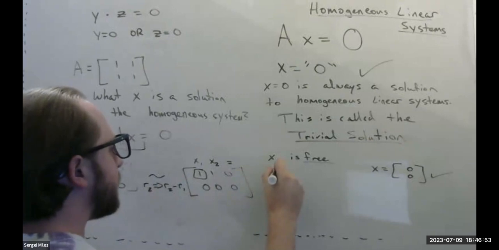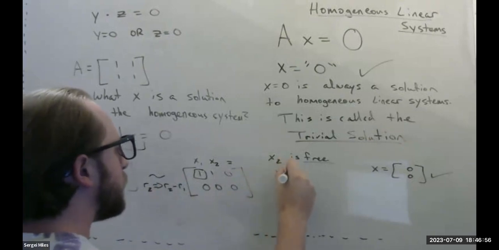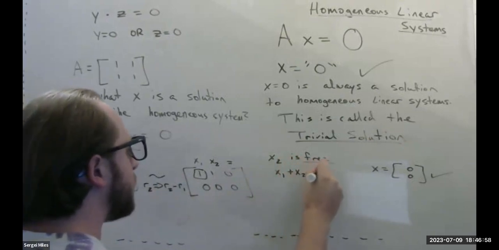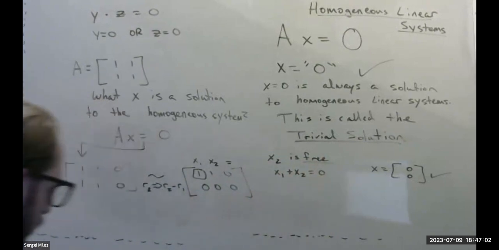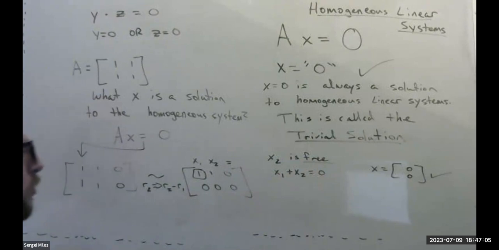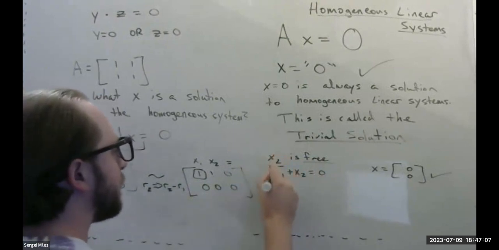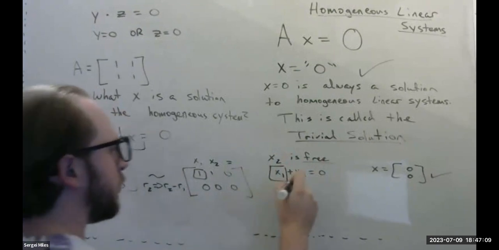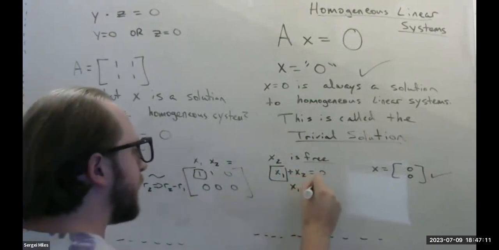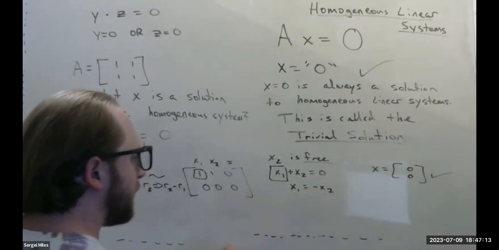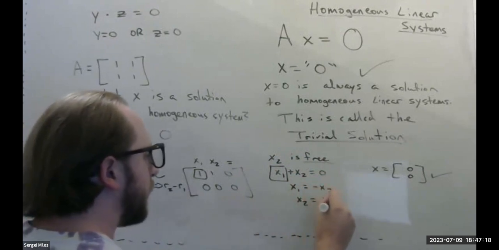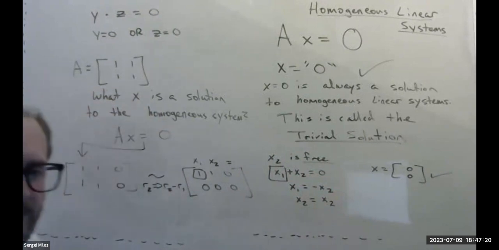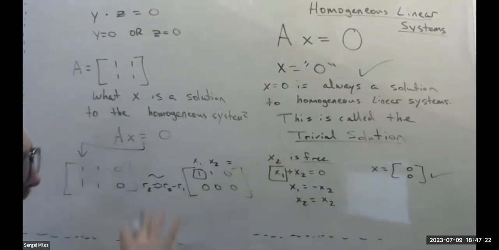Row 1 gives us the equation x1 plus x2 equals 0. Whenever you're writing down the equation for a row, you want to solve for the pivot, forever and always. So x1 is negative x2. And what does x2 equal? Whatever we want it to be. It's free. We can pick x2 to be anything.